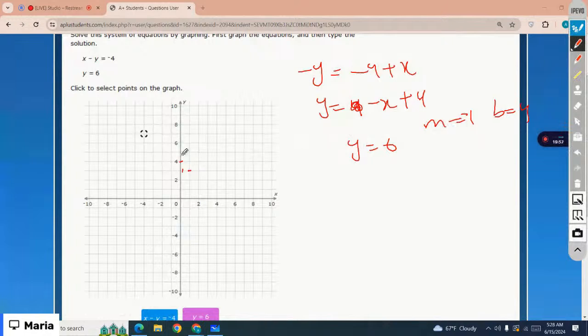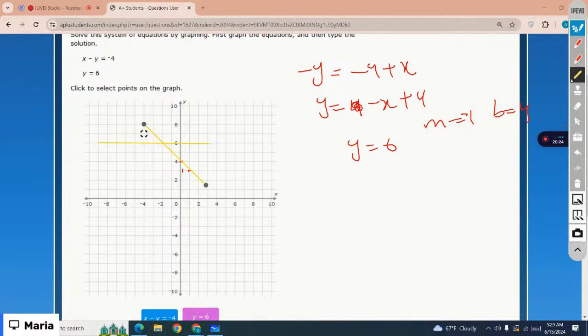And then y equals 6. So the solution is -2 and 6.